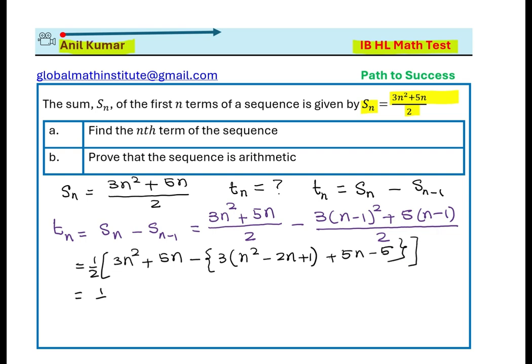Great. So we could write this as half of. Now 3n square and 3n square, you can see that cancels, right? And then you have 5n and 5n also cancel.